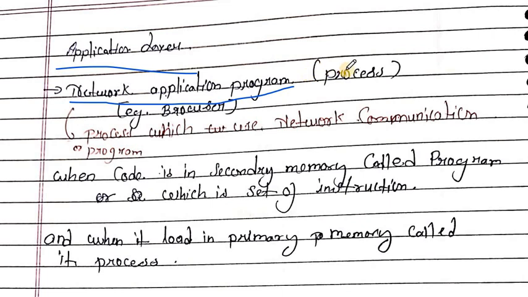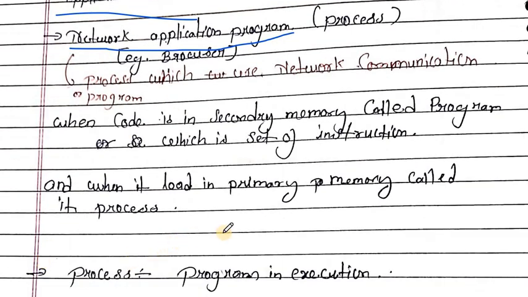In the system there are processes having network communication and normal processes. If a process is communicating with a network, it is called a network process. If the process is not communicating with any network, it is just a normal process.